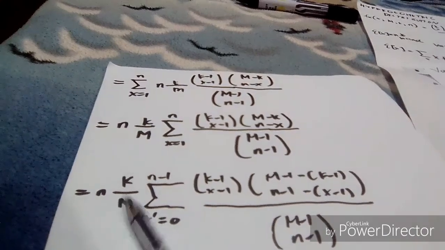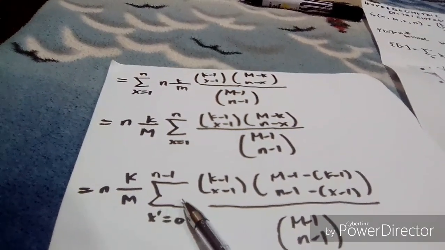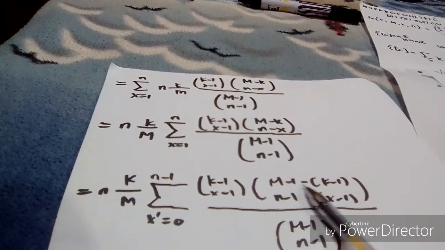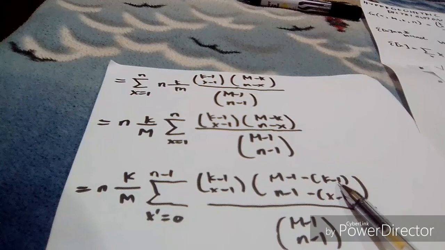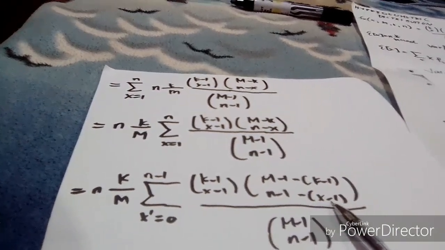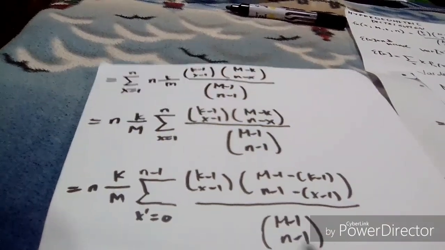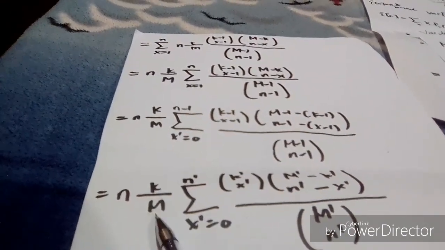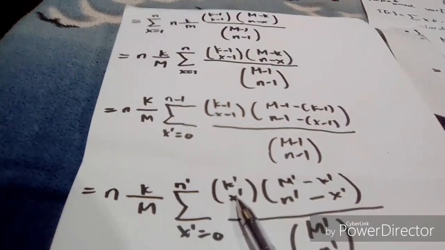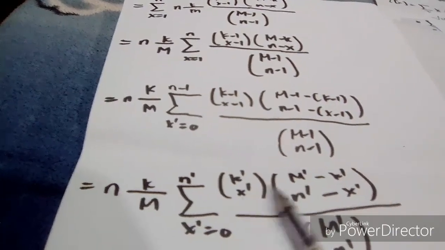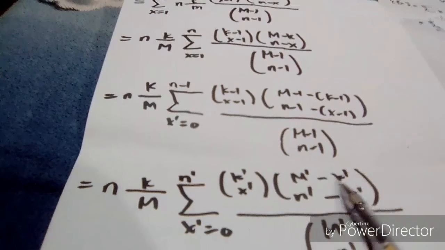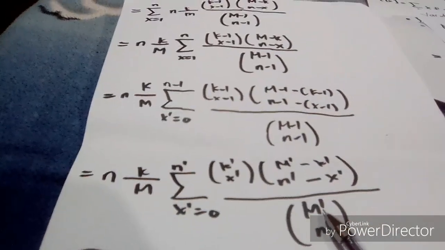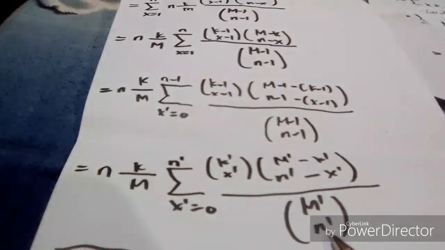Now we have n times k over m, the summation of k minus 1 taken x minus 1 multiplied by m minus 1 minus k minus 1 taken n minus 1 minus x minus 1, divided by m minus 1 taken n minus 1, which is equal to n times k over m times the summation of k prime taken x prime multiplied by m prime minus k prime taken n prime minus x prime, divided by m prime taken n prime.